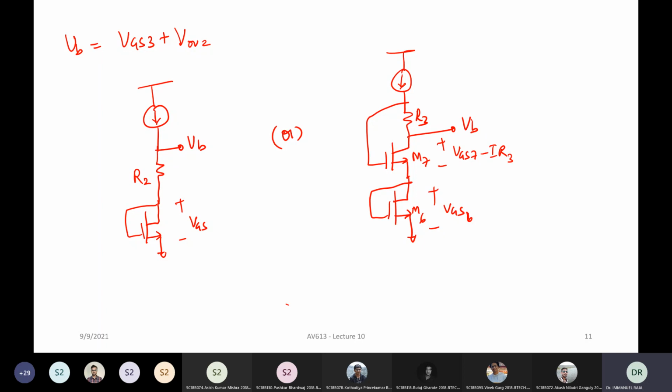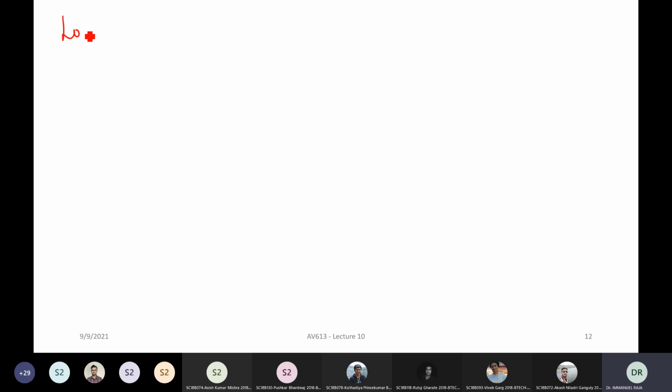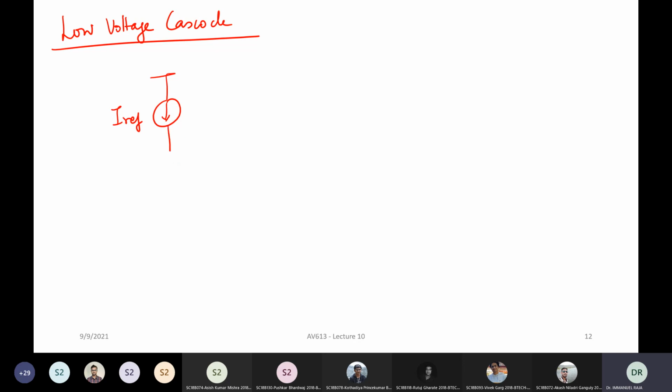Now there is another way to do a low voltage cascode. For example, you can have IREF here. The whole point is don't allow VDS of the left hand side transistor to be equal to VGS. You bring that down. So this is another method.